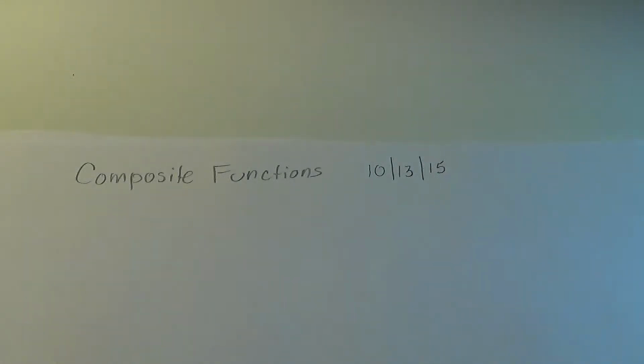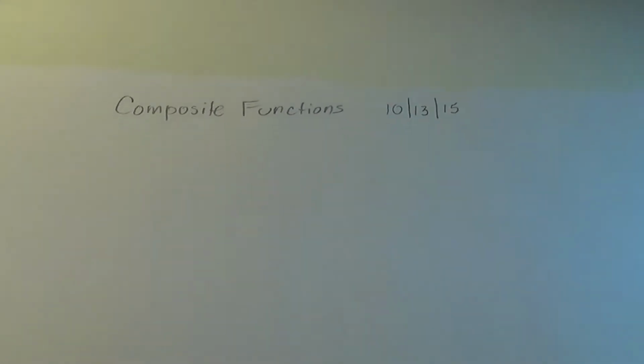All right, we're going to look at composite functions and one other topic, so I would like to get started here. When I talk about composite functions, I mean one function inside of another function.